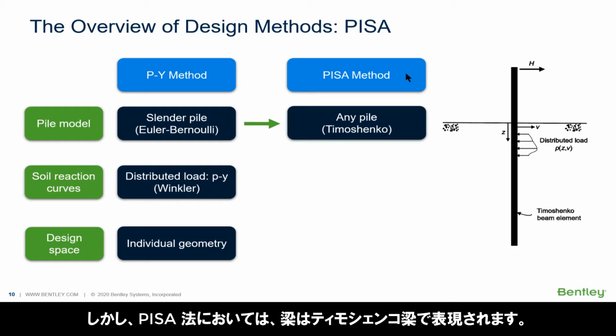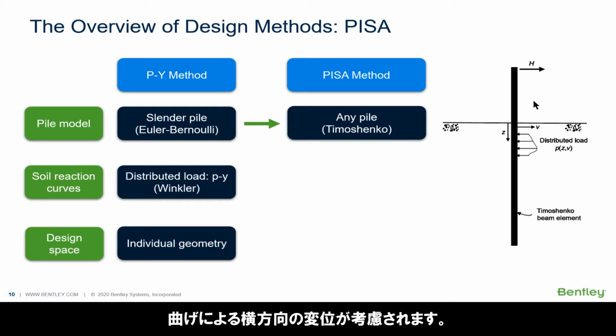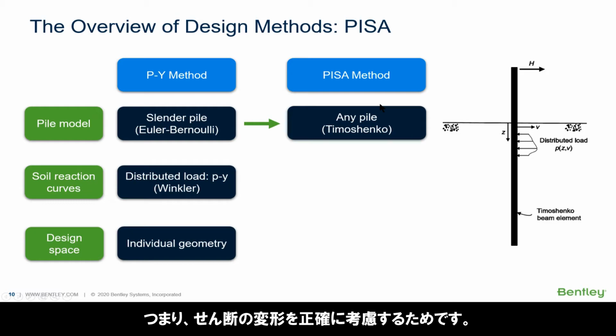But in the PISA method, the beam is represented by a Timoshenko beam, which considers the lateral beam displacement, which occurs due to the shear strain as well as lateral displacement due to the bending. This is to ensure that shear deformations are properly considered.